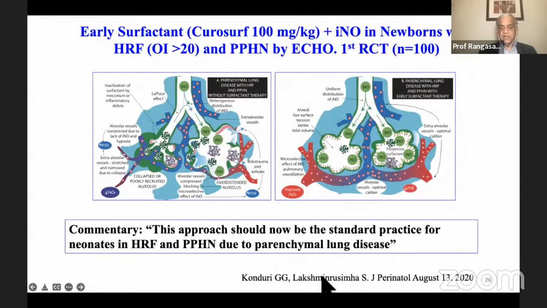Dr. Ganesh Ganduri and Dr. Satyan wrote an editorial commentary, and they said this approach should now be the standard practice for neonates in hypoxemic respiratory failure and PPHN due to parenchymal lung disease like RDS, meconium aspiration syndrome.